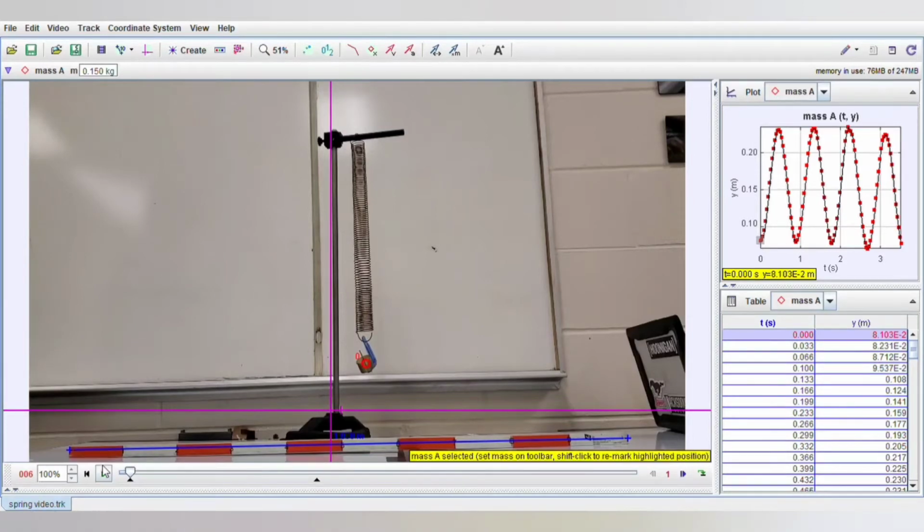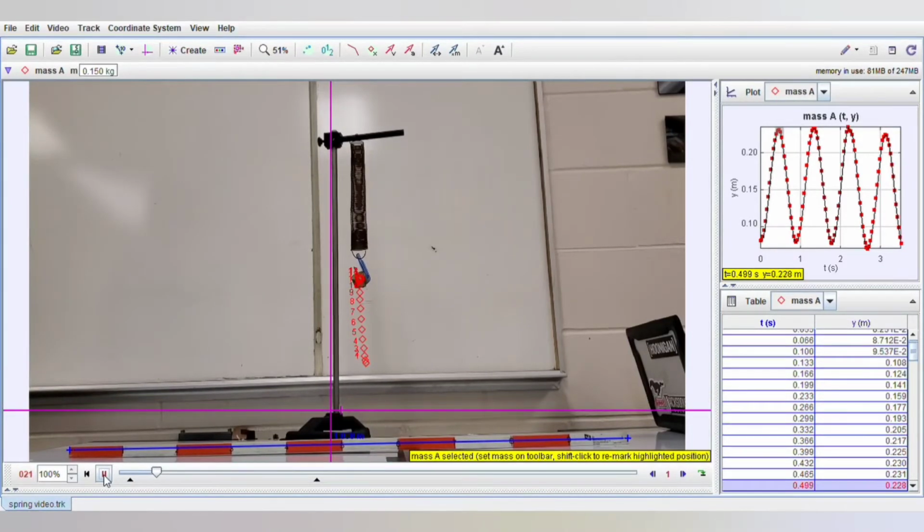Watch as the weight oscillates up and down. You can see what kind of graph it creates to the right. This is just like the graph that we drew on the whiteboard. The graph is keeping time as the weight reaches its maximum point and back down to its minimum point.